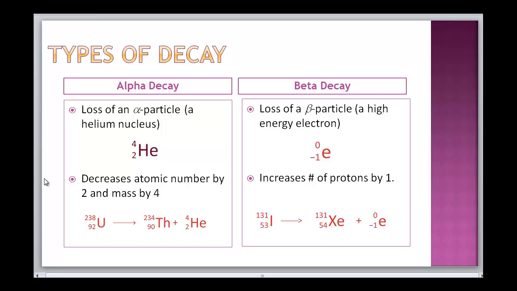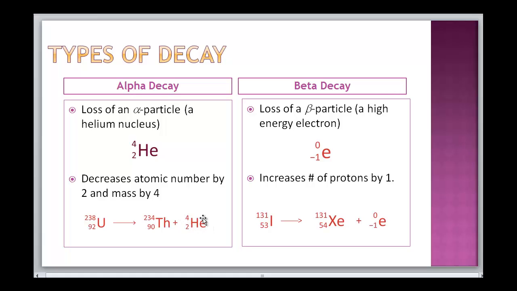And we decrease the atomic number by 2 and the mass by 4. So we have uranium-238 here. That's the atomic mass, the 238. This is the number of protons here. And you can see that we reduced the number of protons to 90, and we reduced the atomic mass to 234. All right? And that is the new thorium atom.